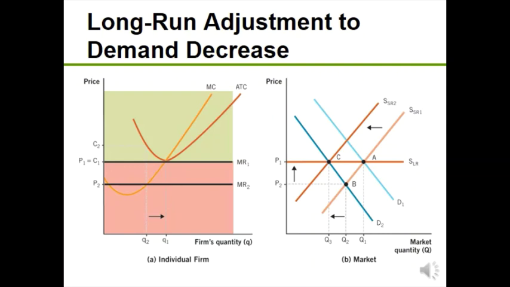So their new marginal revenue curve is that P1. And so the individual firm increases their output, increases the quantity back to little q1, where marginal cost equals marginal revenue. And so the firm's economic profit in the long run is once again equal to 0.